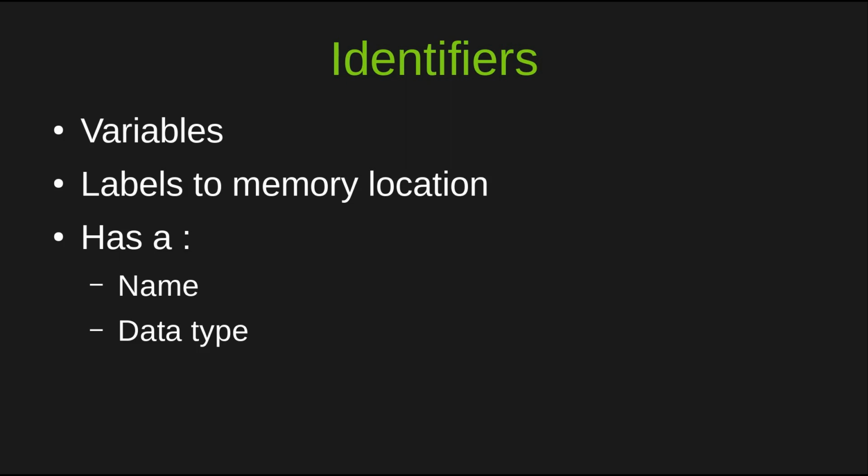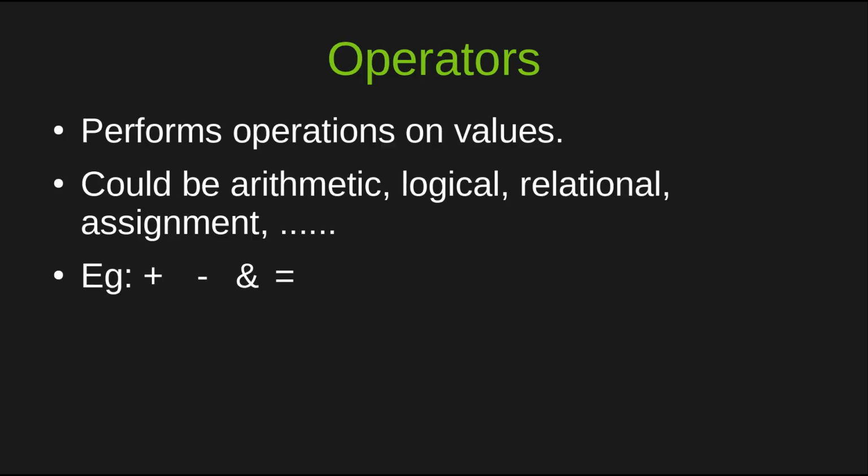A variable can store any value, but actually in the computer, a variable is a space in the memory where you can store the data. So every variable has a name and a data type. Data type is nothing but the type of value you can store. It could be a number or character, string, and so on. There's a separate video where we'll see more about data types.